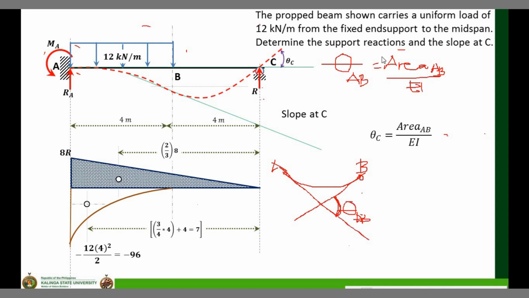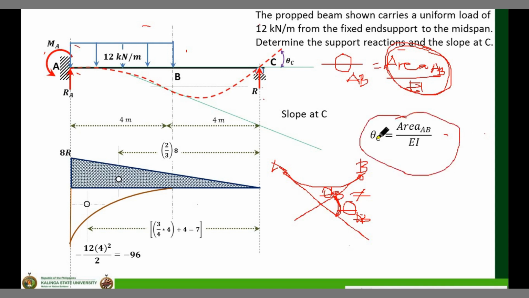The equation for the slope at this point B is not equal to this equation.